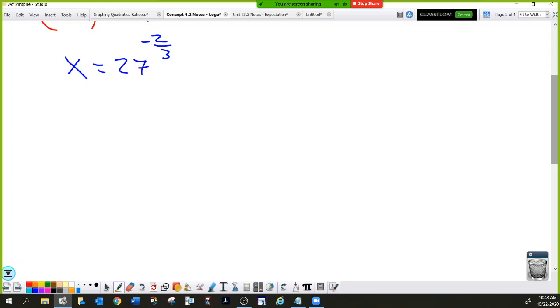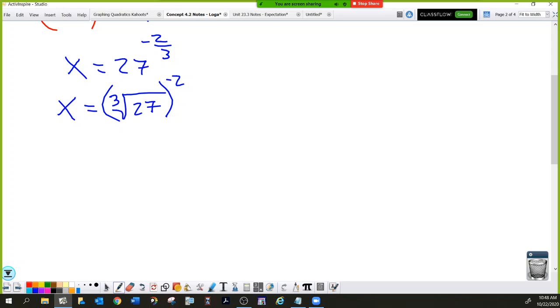Well, the bottom of the fraction is a 3. What does that tell you? There's a cube root. Someone said it. That means there's a cube root. There is your 1/3 power. And then I'll deal with the -2 power in a moment.